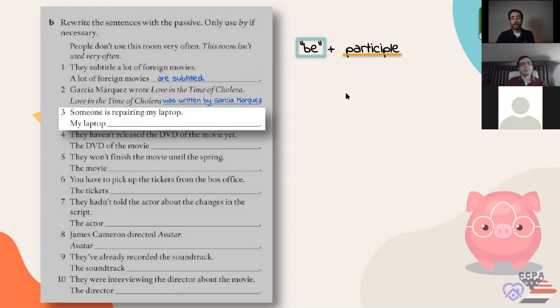And here, this is a situation in which we don't need to include the by, right? I put it there in parentheses just to show you that if you want, you could include it. But according to our exercise, we are not supposed to include it because it's not really necessary, okay? So my laptop is being repaired by someone. We don't really know who, okay? Good. Next.